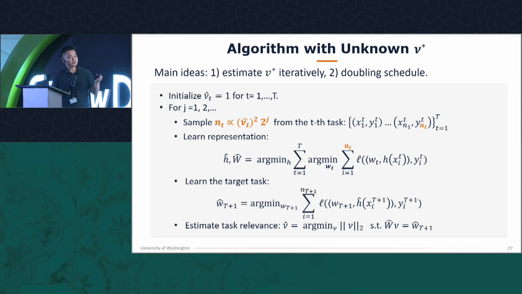For the j-th epoch, we sample proportional to 2 to the j samples. Then we learn the representation, we learn the linear predictor for the target task, and we solve this linear program, this convex program, to estimate nu hat. Then repeat. This is a doubling schedule, and we iteratively estimate nu star.